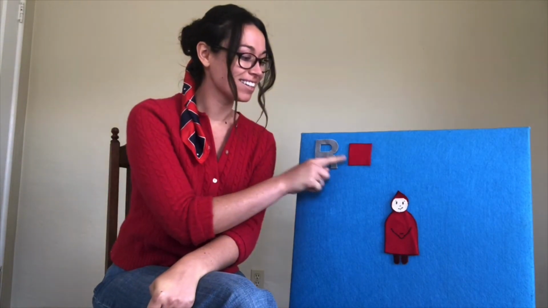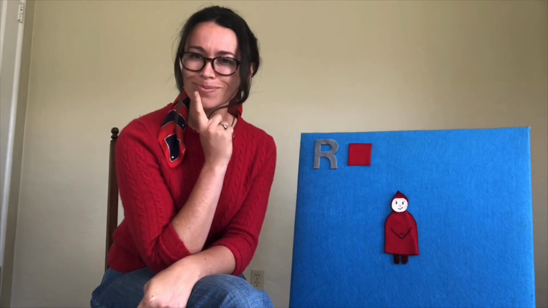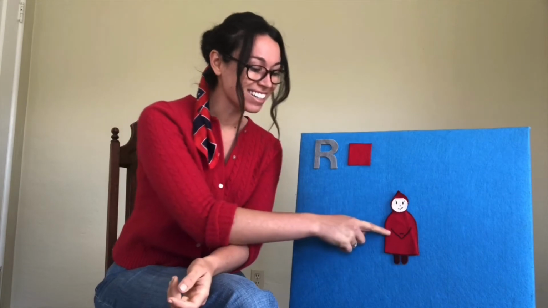Now, I told you at the beginning of our story time that there was a reason why the letter of the day was R and the color of the day was red. Now, can you think of why the color of the day was red? Because it was the color of Little Red Riding Hood's cloak. You're right.